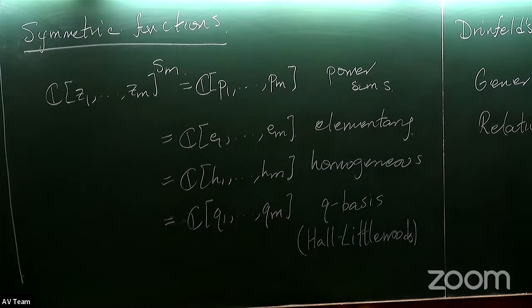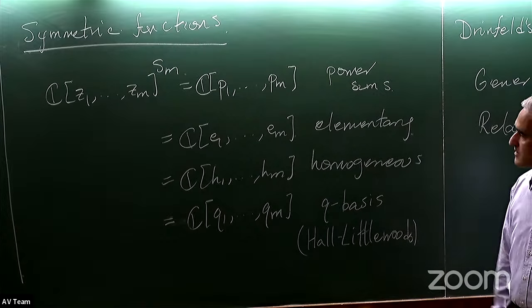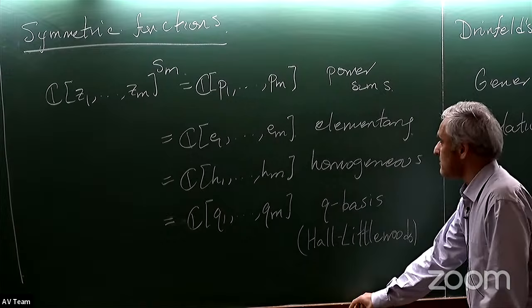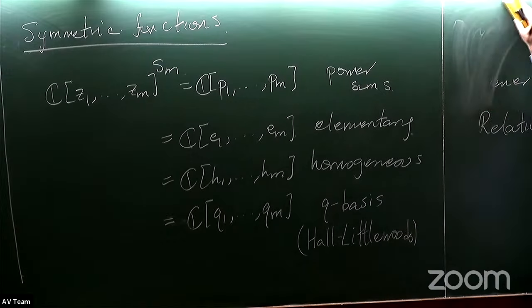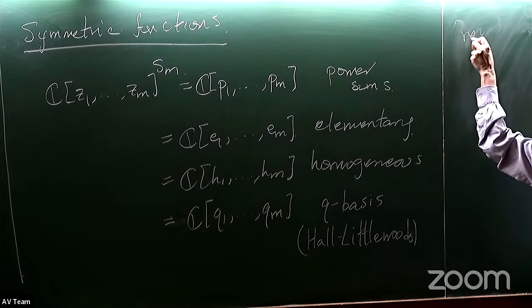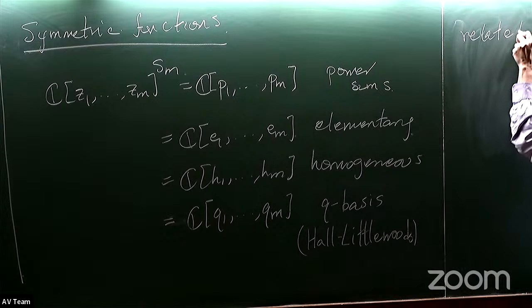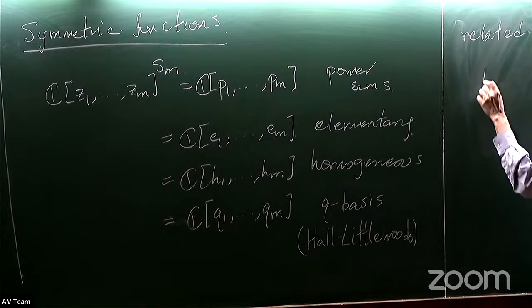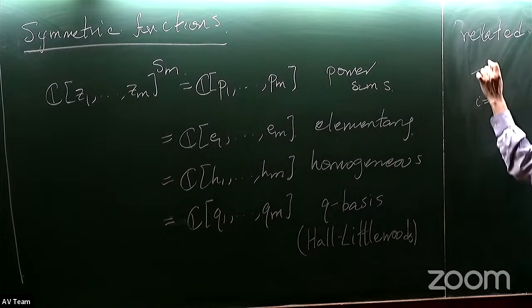And again, a version of it is used in this Drinfeld loop presentation. So all of these appear in Macdonald's book, and they are different ways of looking at the same algebra of symmetric functions. So these are related by our favorite identities, which are generating functions, or let me use E(u). So this is the sum of e_r u^r.